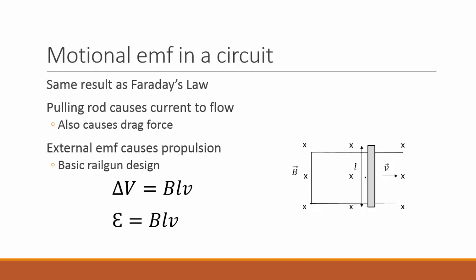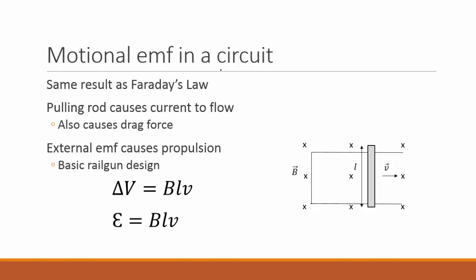I could have this be a top-down perspective so that the bar was being held up, which is counterbalancing any forces due to gravity, and I was pulling it to the right. So I might have an electric and a magnetic force. And I could talk about the EMF induced in this loop because now the flux was changing.